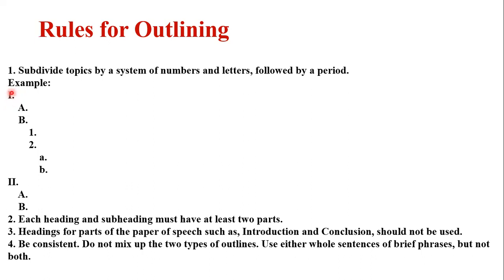For example, section 1 is divided into two subsections, A and B. Then the B section is further divided into 1 and 2. Now the 2 is divided into A and B. Now these A and B cannot be further divided.